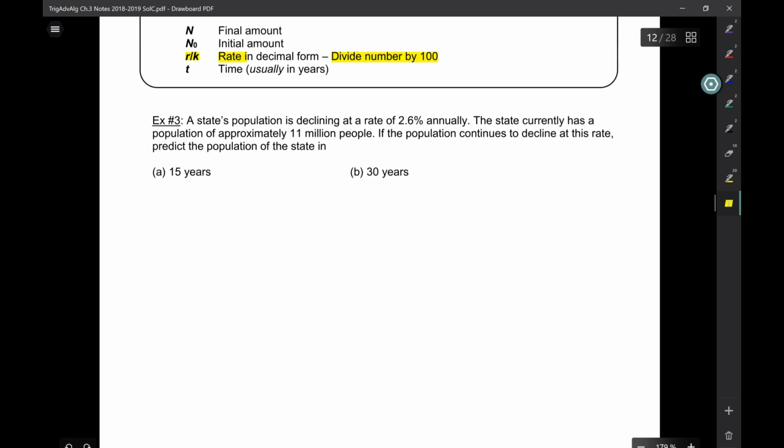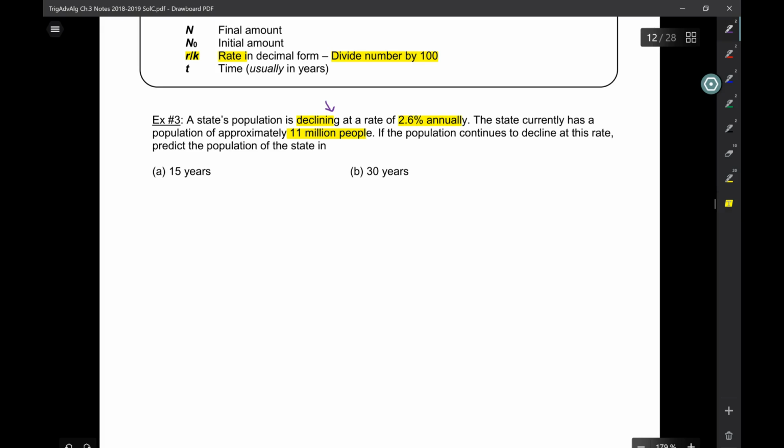Okay. A state population is decreasing at a rate of 2.6% annually. The state currently has a population of approximately 11 million people. If the population continues to decline at this rate, predict the population of the state in 15 years or 30 years.